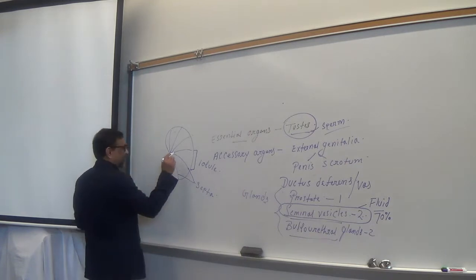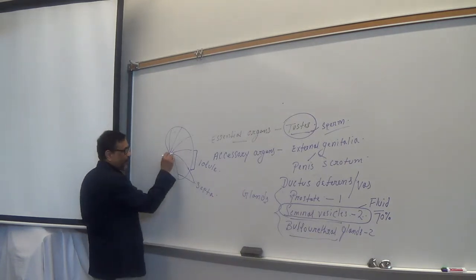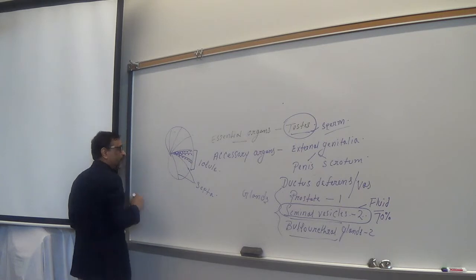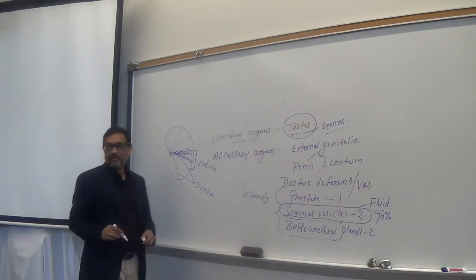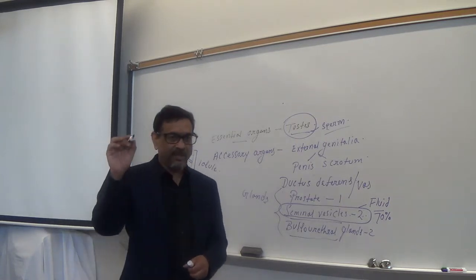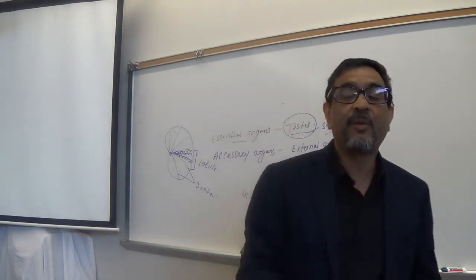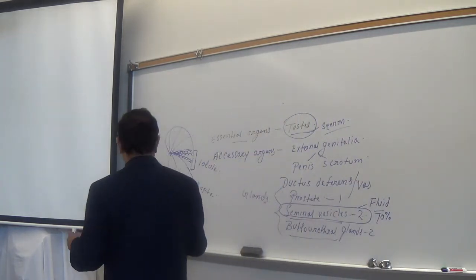And inside each lobule you have coiled tube-like structures like this. Okay? 3 to 5 coiled tube-like structures, and these are called seminiferous tubules. Very important.